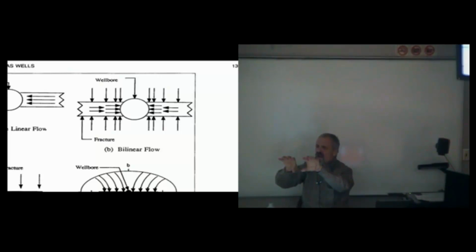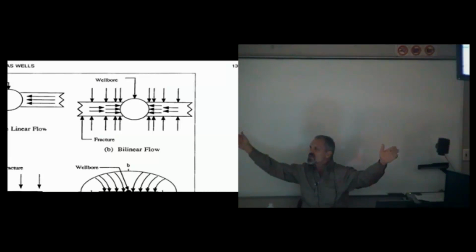And if you were to plot water saturation versus time, your water saturation starts decreasing near the wellbore, and then it takes a long time, to use the term we like, until the fracture tip ends are felt.